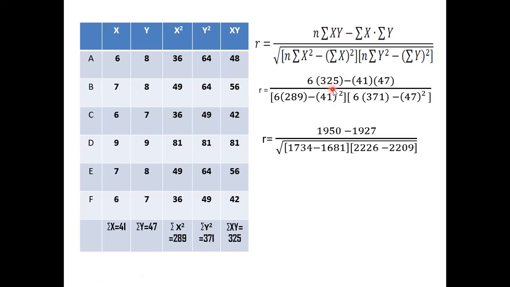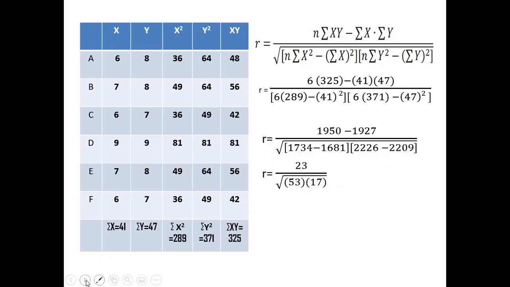So 6 times 325, that is 1,950 minus 1,927 when you multiply these two all over the square root of 6 times 289 is 1,734 minus 41 squared. So that is 1,681 times, of course, 6 times 371 is 2,226 minus the square of 47, which is 2,209. And of course, do not forget the square root.